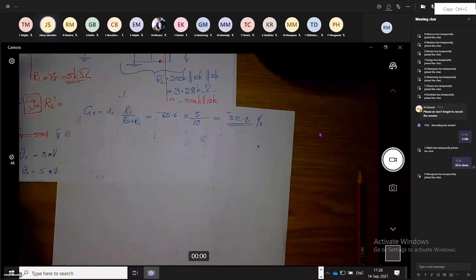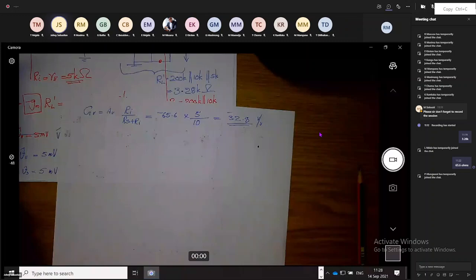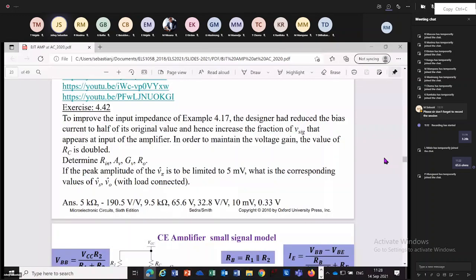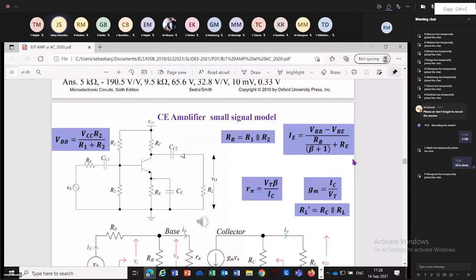Okay, now we are moving forward and we are going to apply a common emitter amplifier in voltage divider bias.